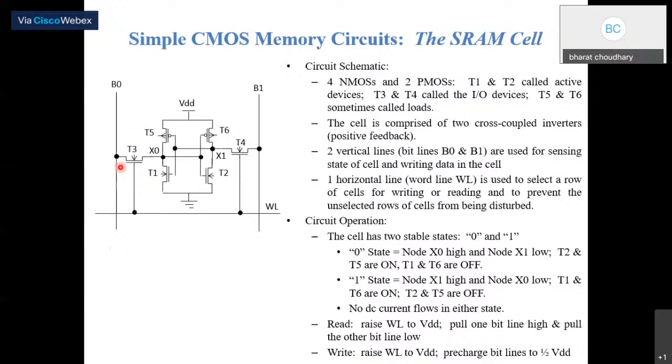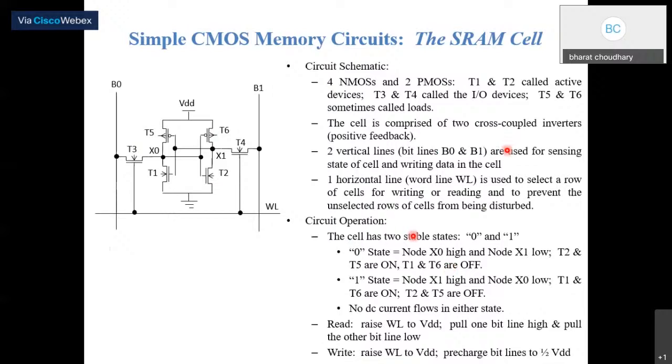So this SRAM cell is comprised of 2 cross coupled inverters, meaning positive feedback. The 2 vertical lines, bit lines B0 and B1, are used for sensing the state of the cell and writing data in the cell.